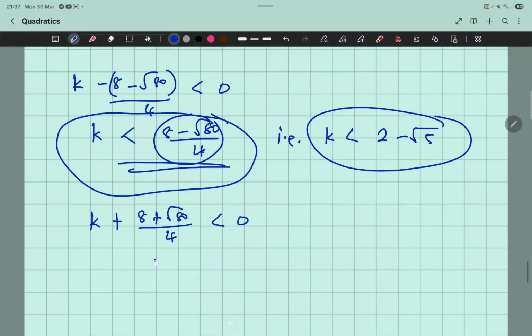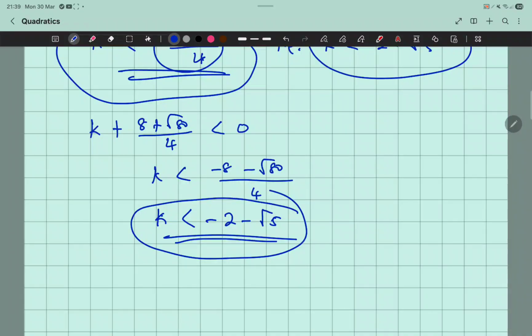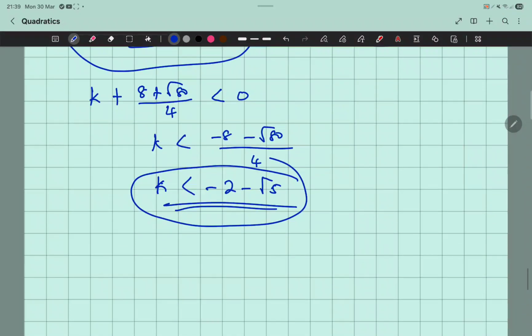We shift and k is less than minus 8 minus root 80 over 4, which can be simplified as well. So k is less than minus 2 minus root 5. So this is the second set of values that we can get from this problem.